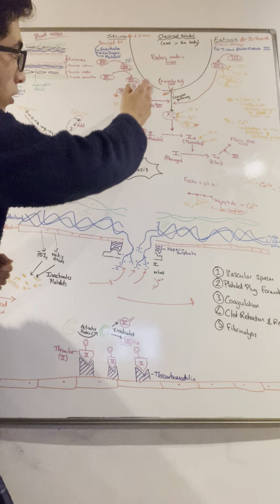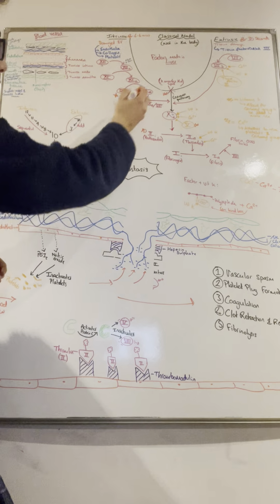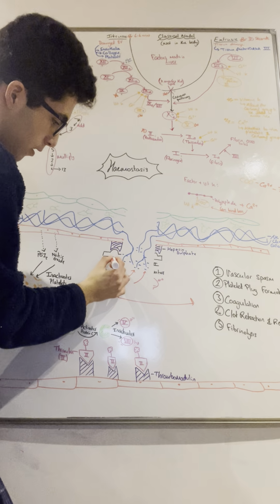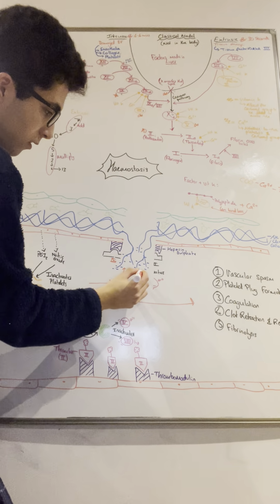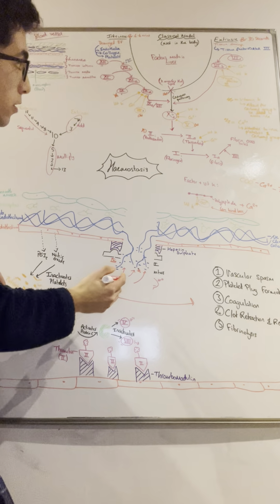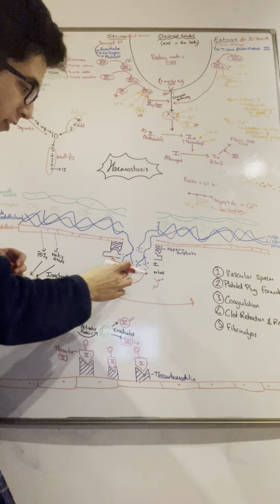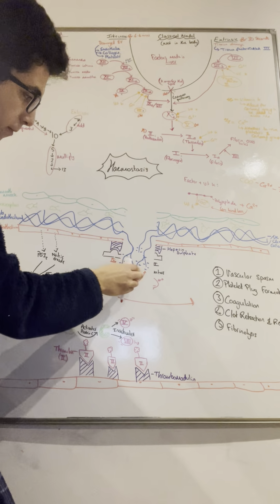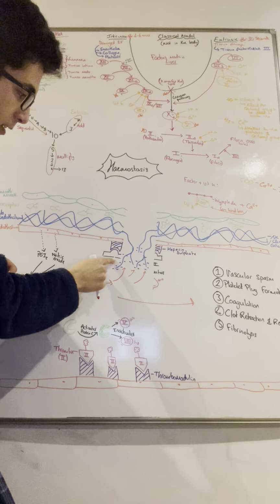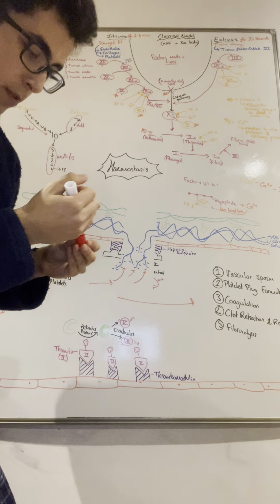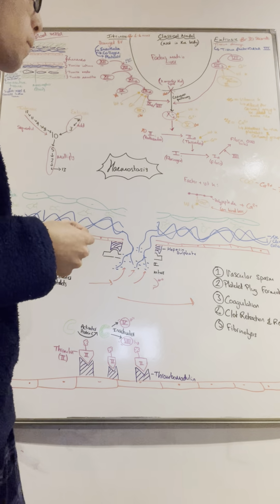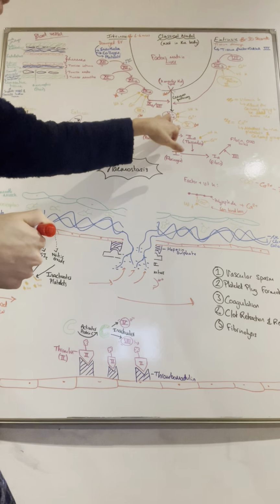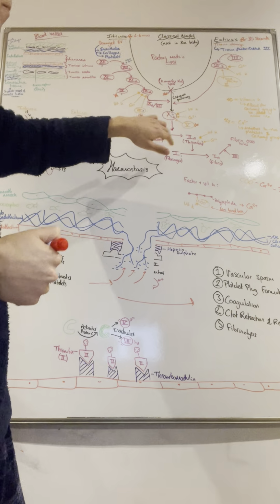So suddenly we've got loads of factors. We've got factor 9A that's going to be on our collagen. We're going to have factor 10A on our collagen. And they're all just going to be waiting to react with other molecules or factors that are coming along. If they're stationary, they're more likely to be hit or collided with. So that's why we need our vitamin K and our calcium.